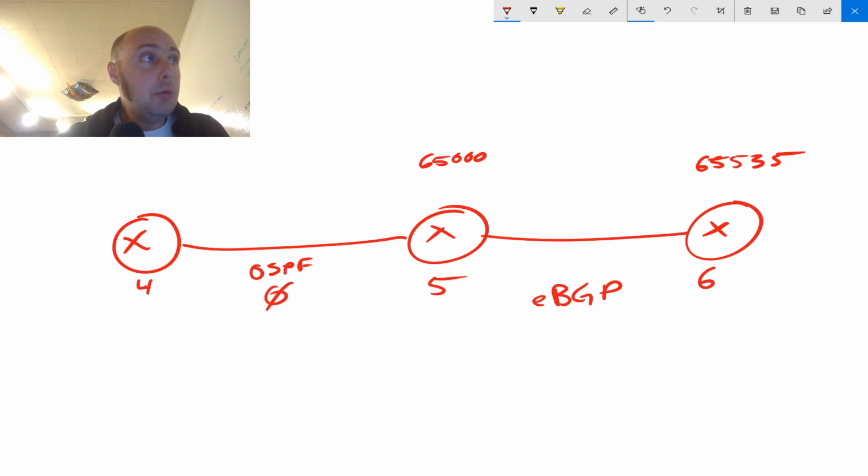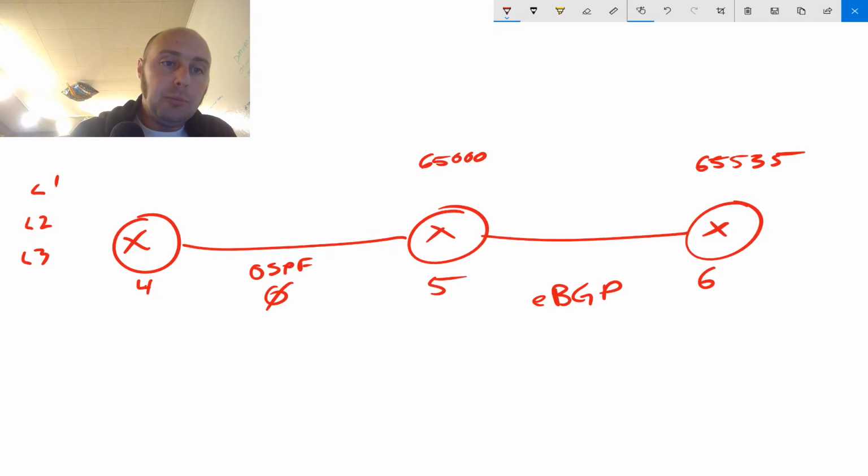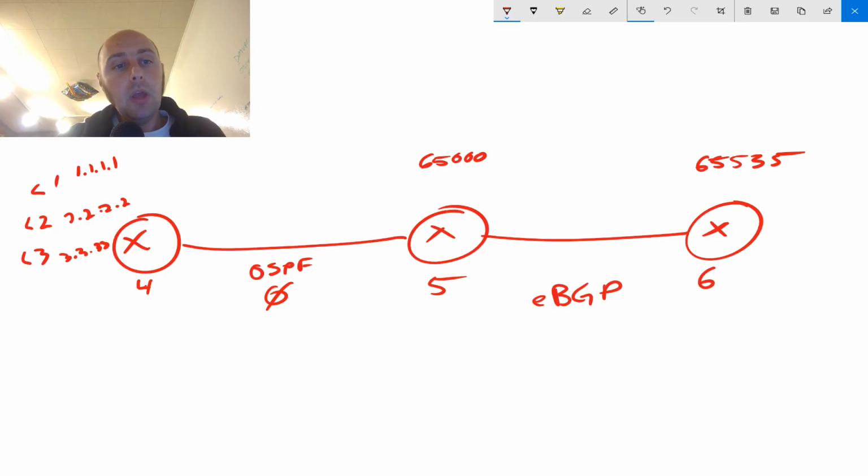And on router 4, I went ahead and threw in 3 loopbacks: loopback 1, loopback 2, and loopback 3. Loopback 1 is 1.1.1.1, loopback 2 is 2.2.2.2, and loopback 3 is 3.3.3.3.